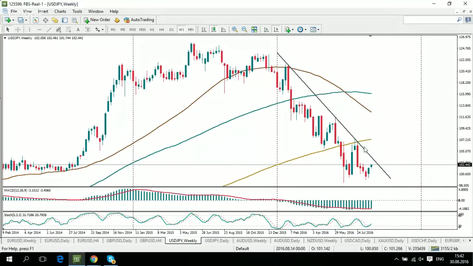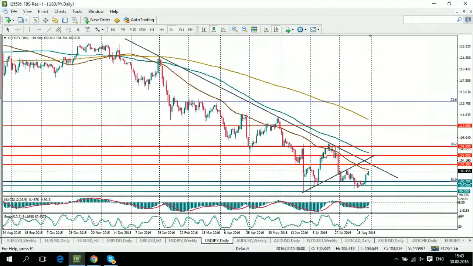Of course, on the weekly chart, we can see clearly that the general downtrend is still in place, but we can see that there is scope for more correction to the upside, and this is our working thesis for this week.